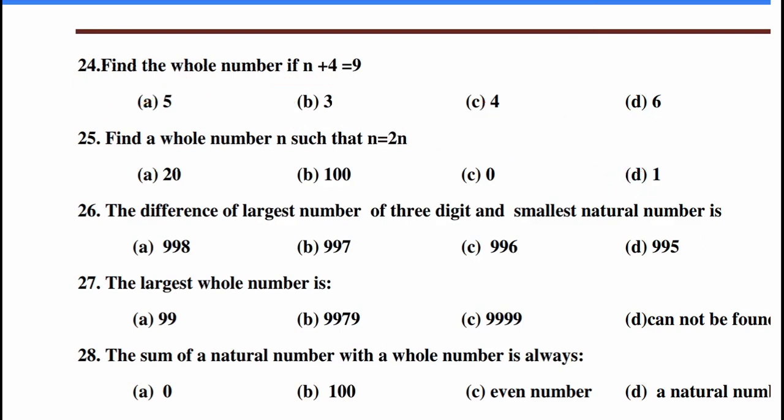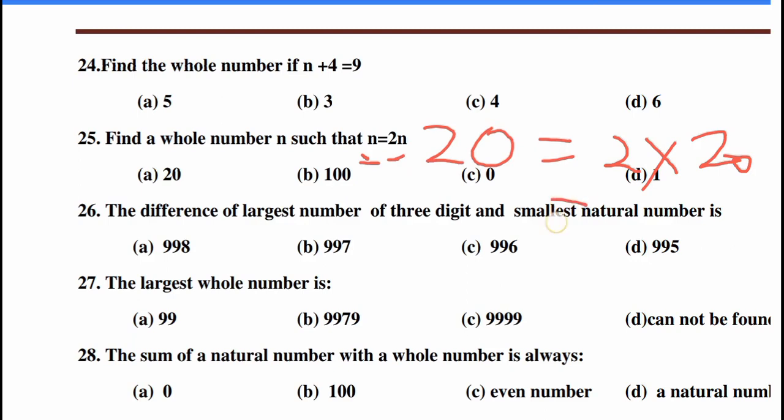Question number 25. Find a whole number n such that n is equal to 2n. So now we check for each of the following. First we take the value 20 for n, and left hand side is equal to 20 and right hand side 2 multiplied by 20. It is 40.